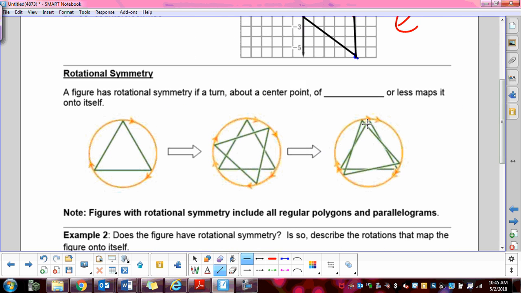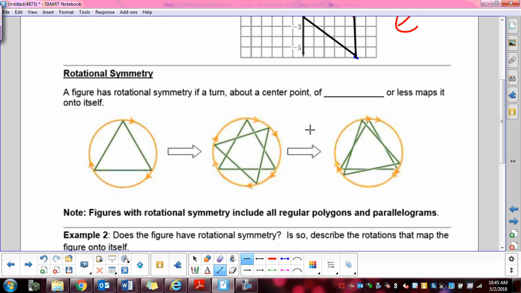Okay, rotational symmetry means, for this triangle, what is the smallest degree that I can rotate it so it'll land exactly onto itself again.